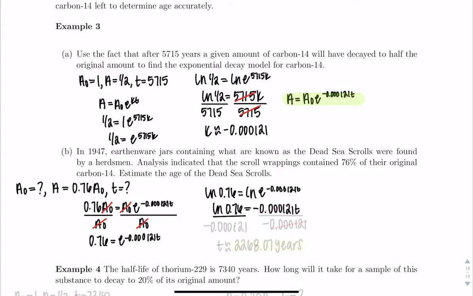And to get t by itself, we're just going to divide both sides by this long decimal. And so t is approximately 2,268.07 years. So this fossil was a little bit above 2,268 years old.